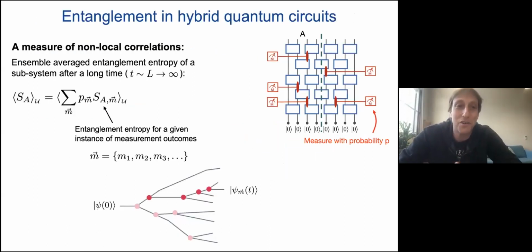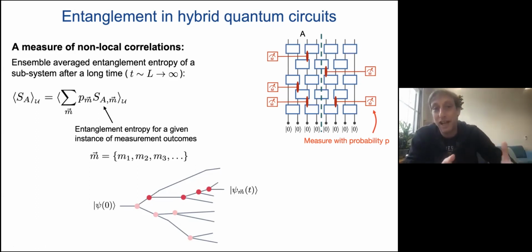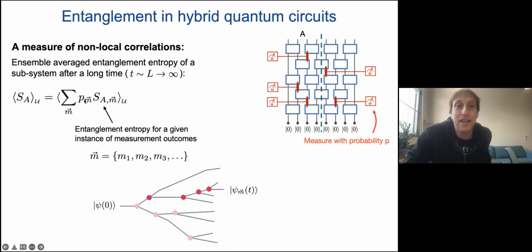So a good measure of that would be to look at the pure states we have in each one of these trajectories, right? Each one of these branches corresponds to a pure state. So we have a branch at hand. We want to ask, what is the entanglement entropy of half the system, for example, in that branch, or bipartite entanglement with some subsystem A in that particular branch, and then average over all the possible branches, but average the entanglement entropy of the pure state over all the possible branches.